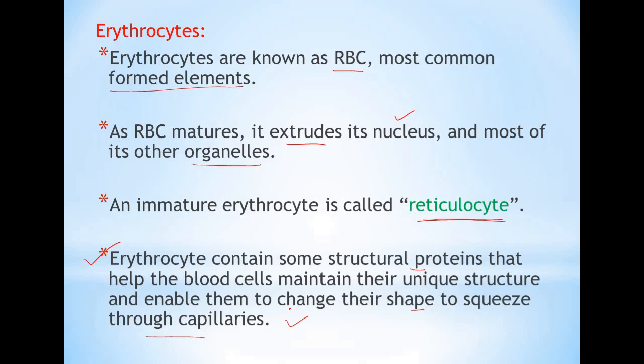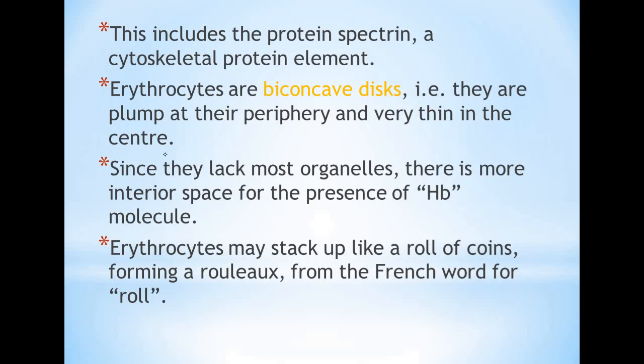Why does this happen? Because it contains a specific protein which helps the RBC become flexible. This includes the protein called spectrin, a cytoskeletal protein element. It acts as a skeleton.